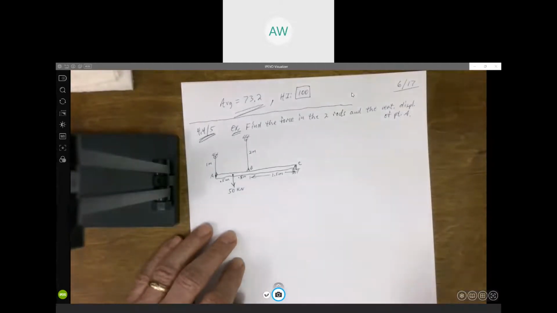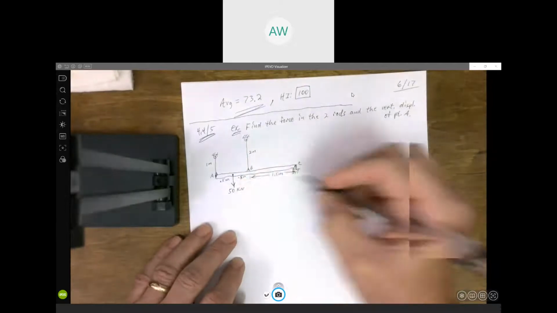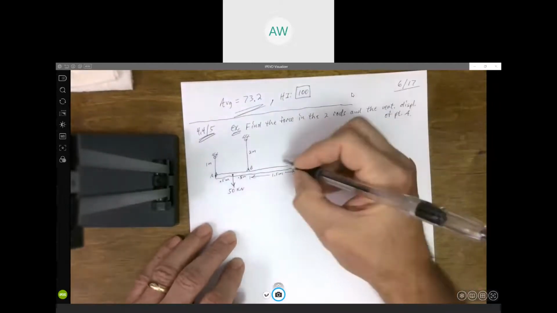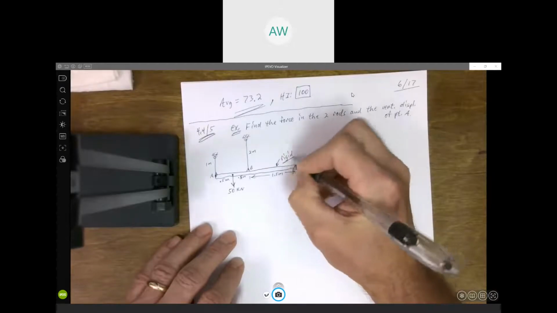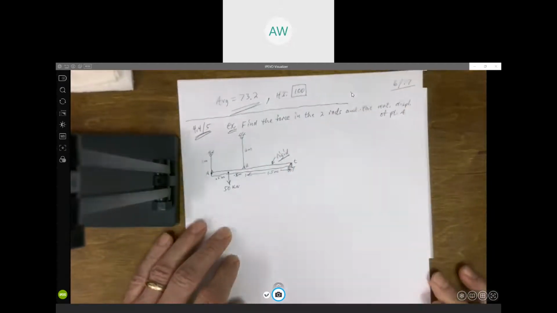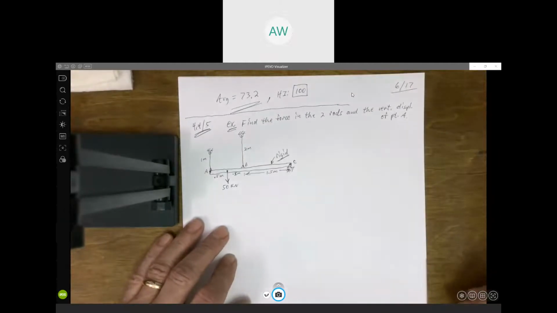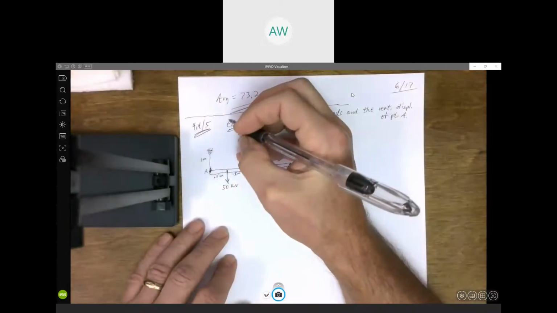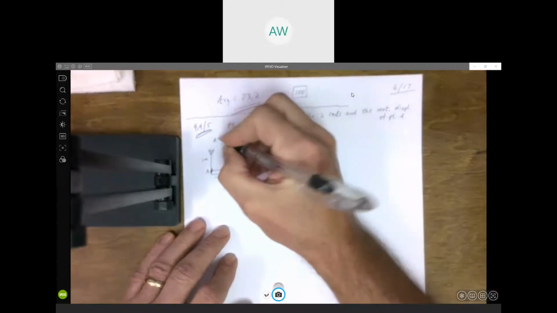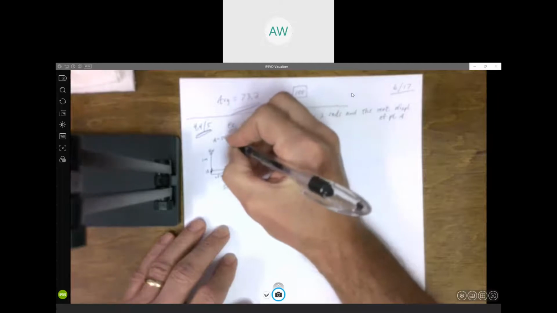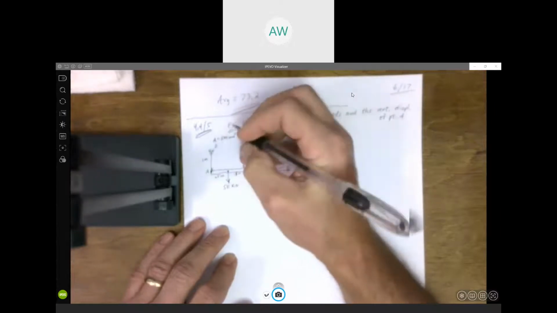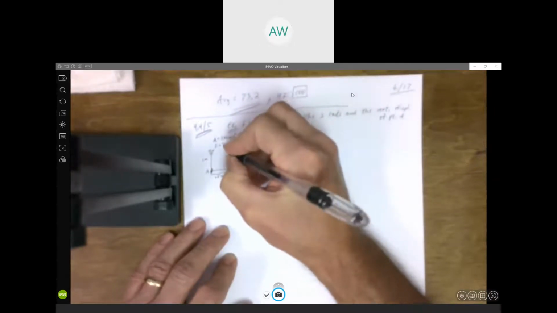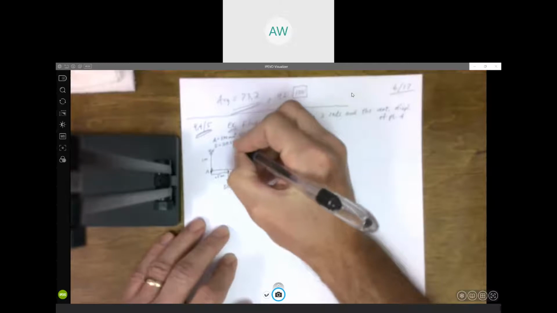And let's see what else. We're told that the horizontal member ABC is rigid, so we're assuming it does not deform. It's going to stay straight. It's not going to bend. And we're given the cross-sectional area, 500 millimeters squared, and modulus of elasticity, 210 gigapascals.